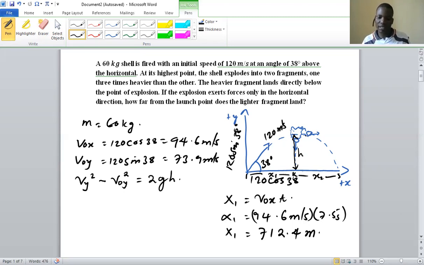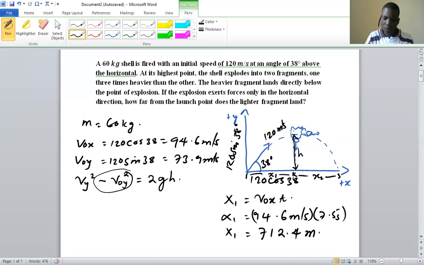Because we've been told in the statement that the explosion exerts a force only in the horizontal direction. So meaning this lighter fragment, after the explosion, continued to move in the horizontal. So we are not going to have this component.